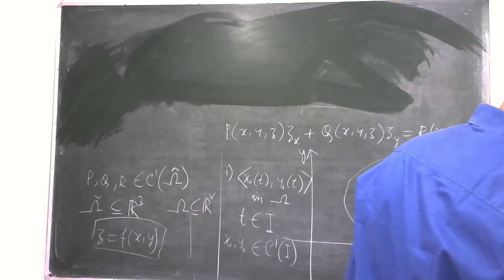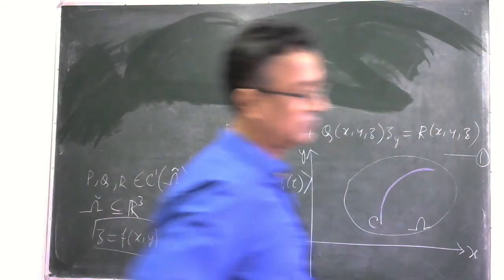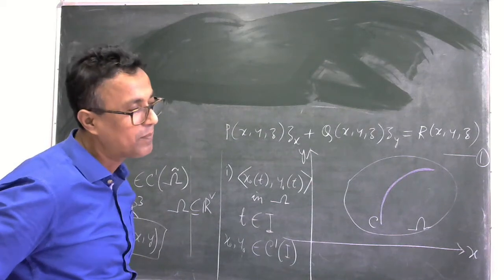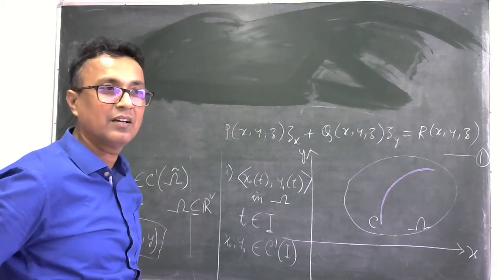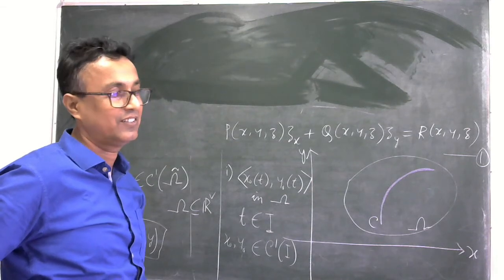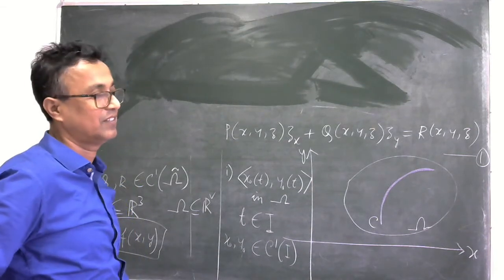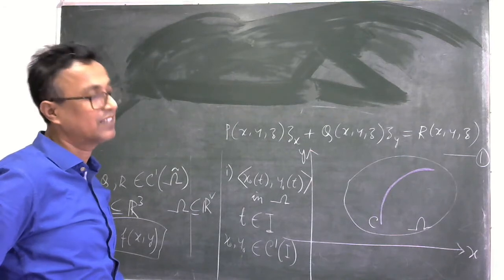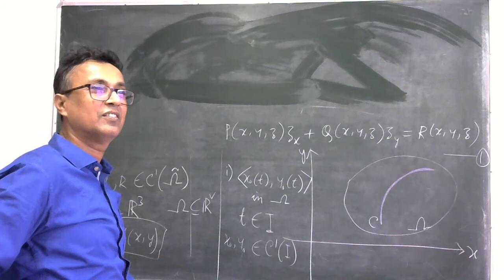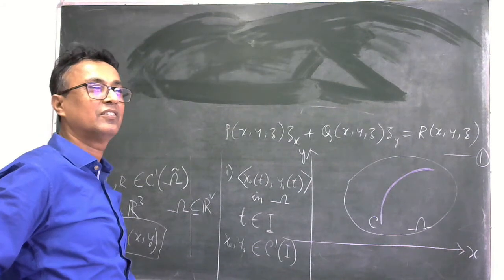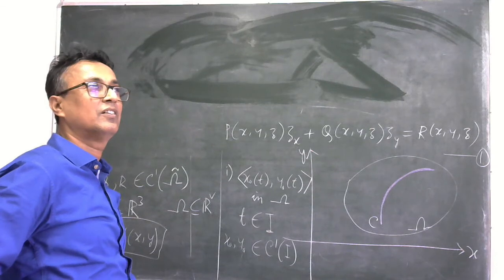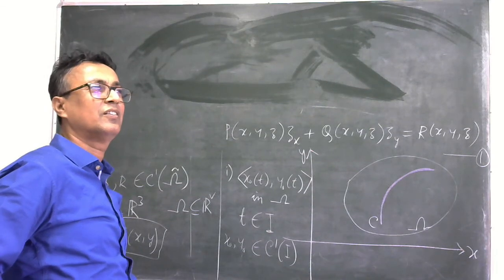For this initial condition, we shall find some t naught from this interval I, which means our initial curve is given. From that we should get this initial point maybe.